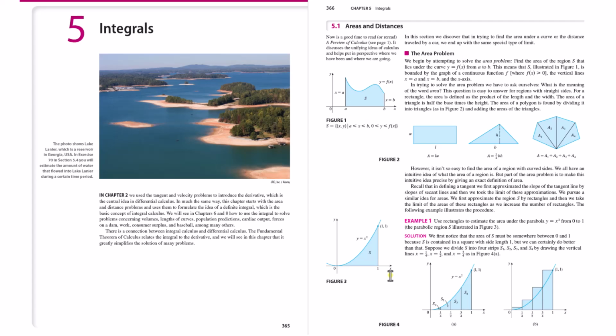But it's very important that we think about how, coming into working on the area and distance problems, there's nothing to indicate that the solution to the tangent and velocity problem is going to have any relation to the solution to the area and distance problems, other than the fact that we plan to use limits to solve them, just like we used limits to solve the tangent and velocity problems.